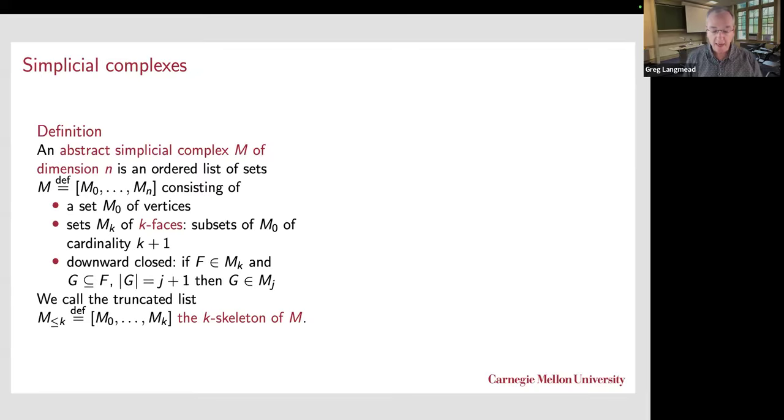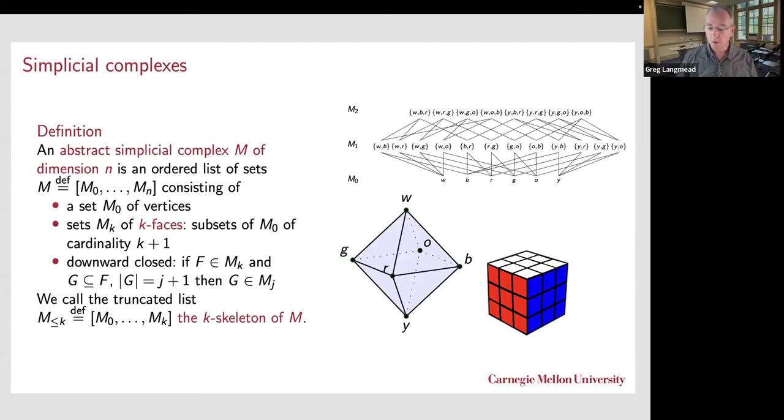One thing you can do is you can take the ordered list of sets and stop at K instead of n, and that's called the K skeleton. So an example in the upper right there is this Hasse diagram, which I learned all about in the Agda Unimath library of Egbert and Company, where they have a library inside there all about polytopes. And this diagram is expressing the 3 levels of faces.